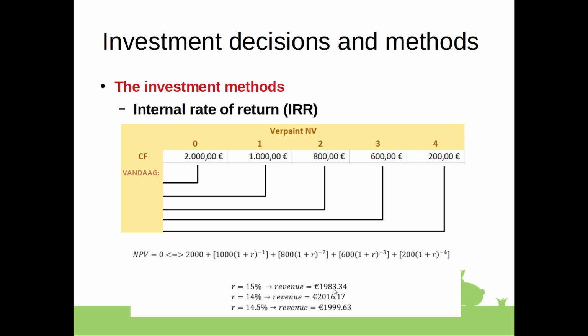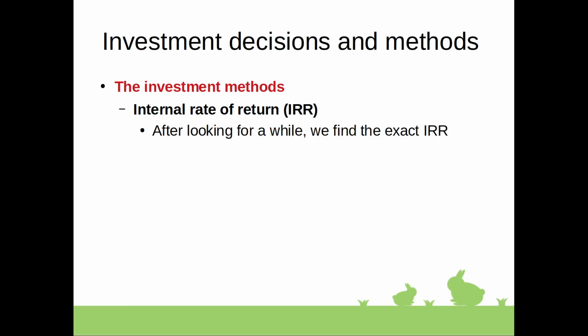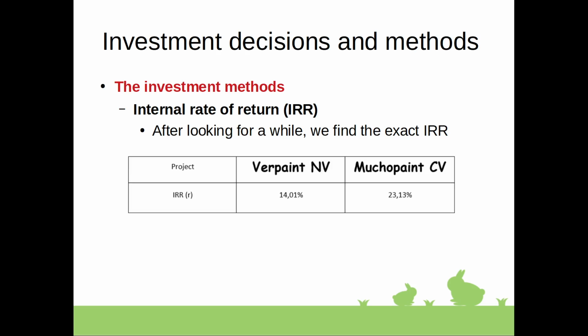So this will not give you 0 in the end. So somehow you have to subtract this from this 2000 so you can find 0. But as you can see, you guess a little bit. 14% apparently is not great. Over here, 14.5 will almost give you the thing you need. But as you already can feel, this is quite annoying to calculate. So after looking for a while, and this can really be a while, you finally get the perfect rate that will give you an NPV of 0.